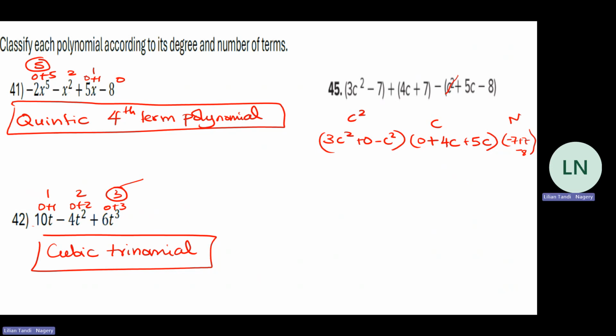This becomes 3c squared minus c squared, 2c squared. 0 plus 4 plus 5 is positive 9c. -7 plus 7, that is 0, so I'm left with -8. So this is a trinomial because it has 3 terms. Trinomial. And then we want the degree. 0 plus 2 is 2. 0 plus 1 is 1. And then this is 0. So the highest degree is 2. So quadratic.